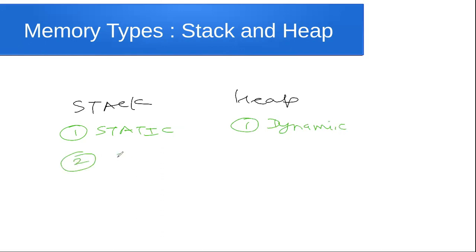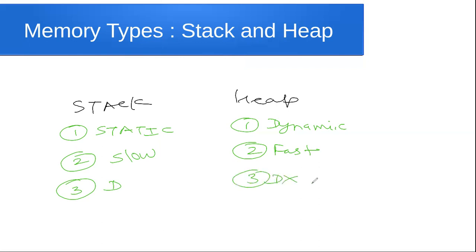Second, stack is fast as compared to heap, and heap is slow as compared to stack. Third, we can directly access variables like x, y, z in the stack. Direct access is possible there. In the heap we cannot access directly; we can access indirectly by using the reference variables only. Fourth thing is that the stack is used at the time of references x, y, z and function calling.